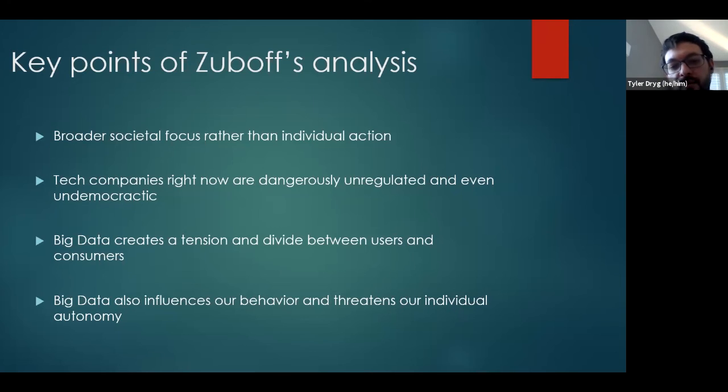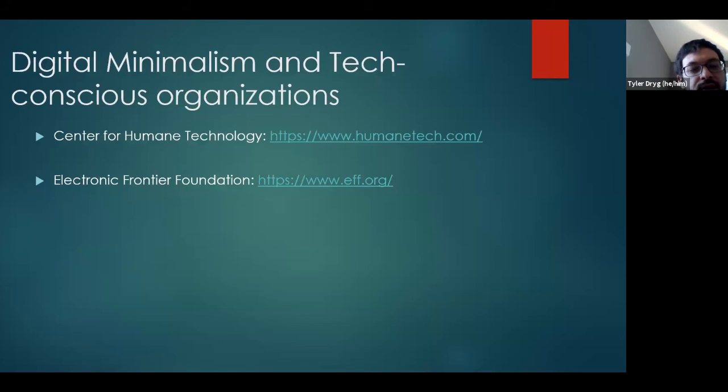So more transparency, more regulation, more democratic norms in these online tools. And so part of what Zuboff is talking about is legislative and collective actions rather than individual ones. And so I wanted to share a couple of tech conscious organizations that are doing the same kind of work.